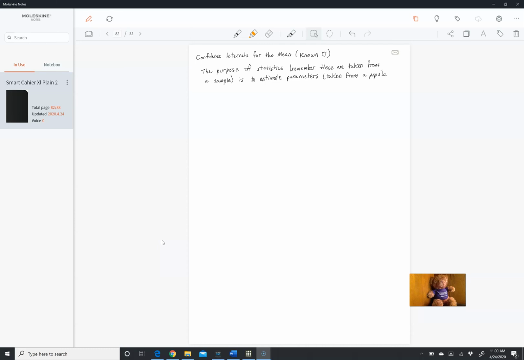In other words, we're taking what we know about a sample and applying it to a population, and we would call it extrapolating, okay, because we're taking what we know and then kind of extending it.